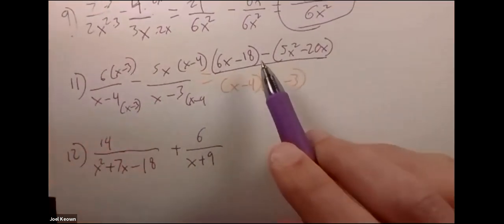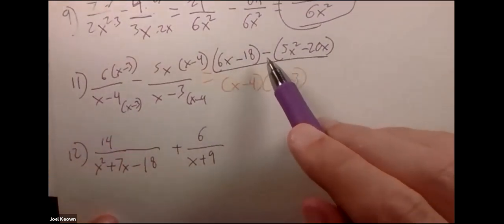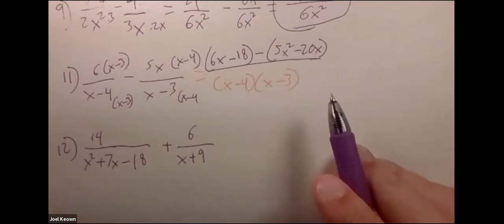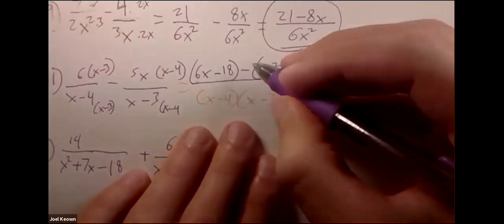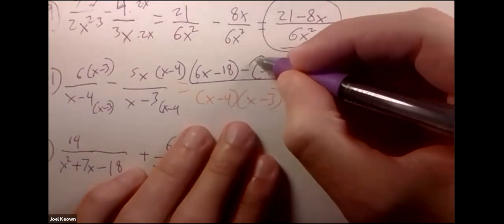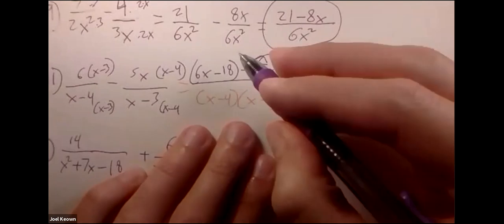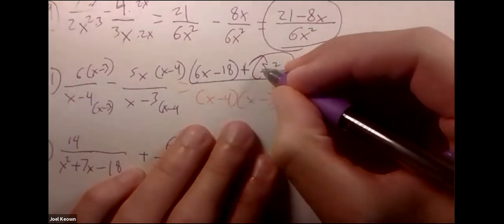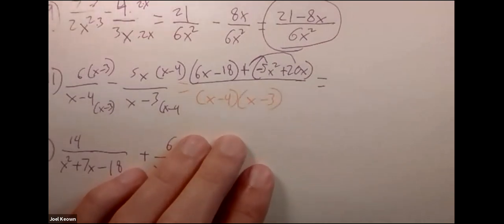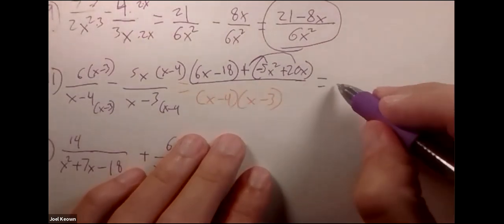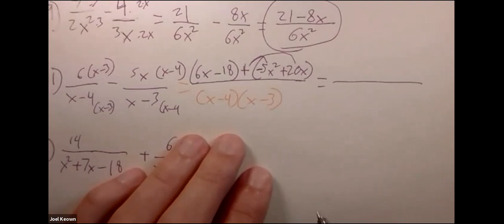Okay? That negative and that parentheses were important because now I'm going to distribute that negative. And as I distribute it, well, let's distribute it right here, there, and there. So that's going to become positive, and that's going to become negative, and that's going to become positive when I distribute my negative. So now I'm just going to list my terms out and combine any terms that I can.